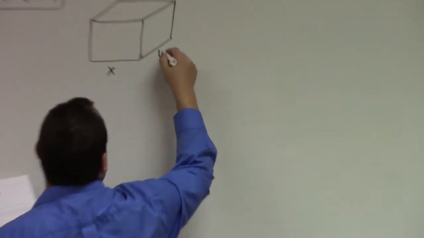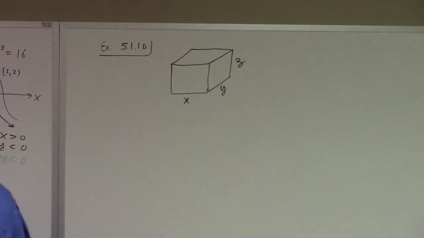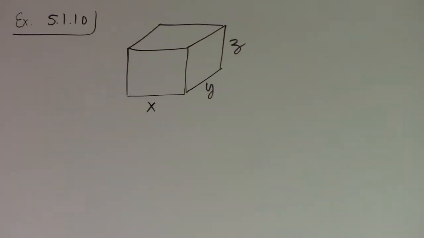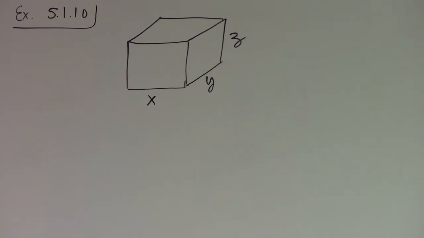And here's the instructions. A rectangular box without a lid is made from 12 square feet of cardboard. Find the maximum volume of such a box.